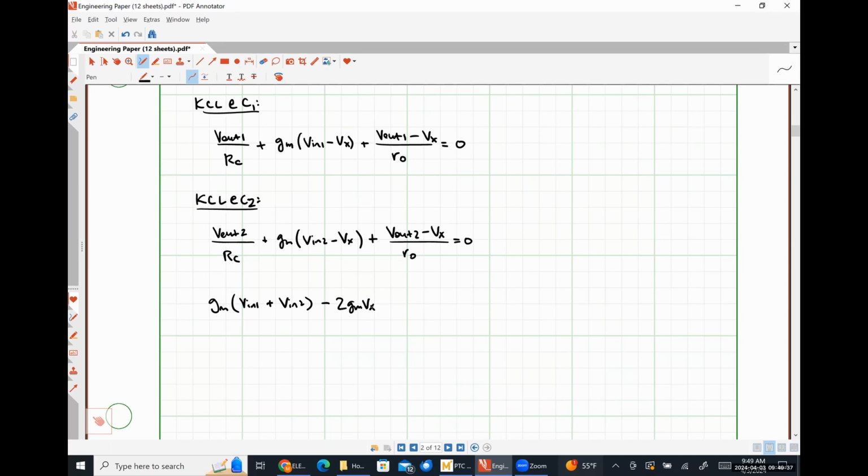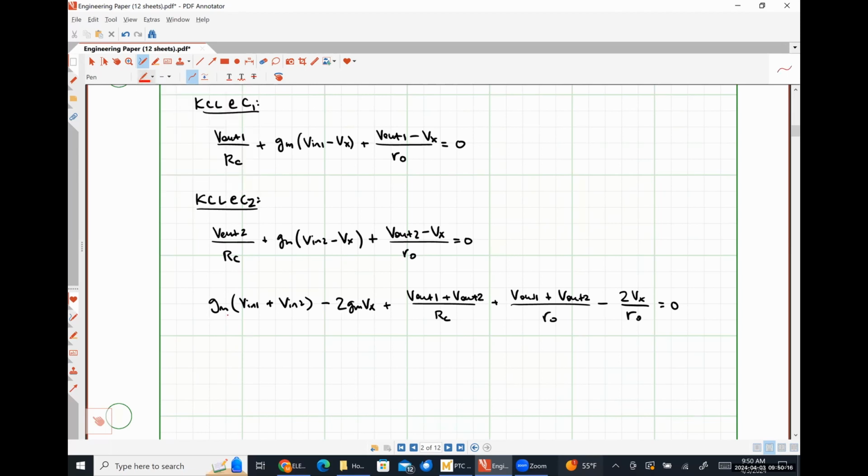I'm going to have (Vout1 plus Vout2) over RC, plus (Vout1 plus Vout2) over R naught, and I should have a minus 2 Vx over R naught, is equal to 0. Everything look okay there?